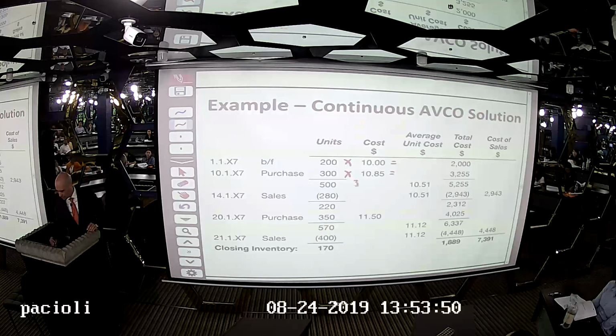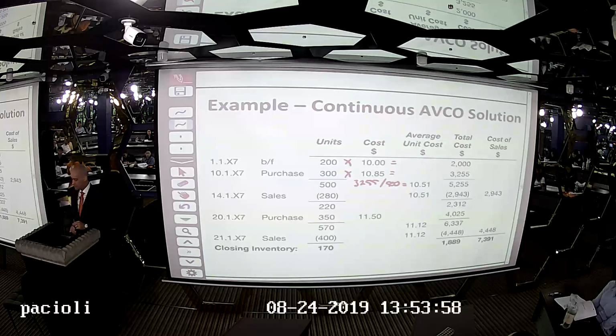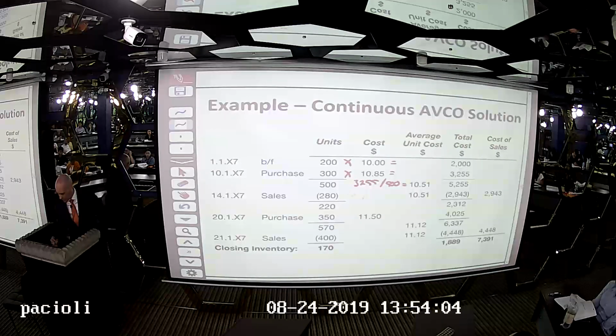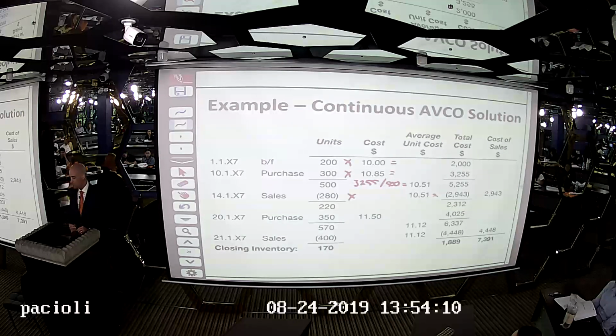And then 3,255 plus 2,000 divided by 500 gives us the average of 10.51. So 10.51 is the average. And then we sell 280. 280 times 10.51 is equal to 2943. So in the continuous average cost, we calculate the average cost every time we sell.